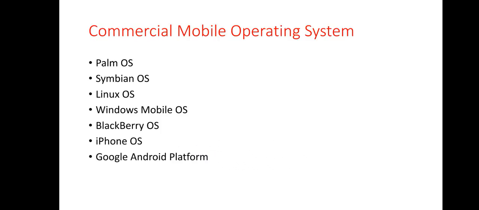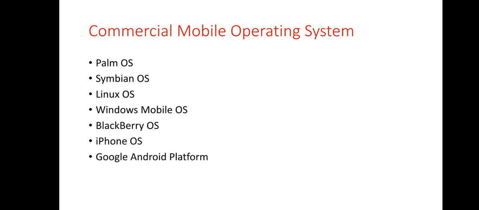So what mobile operating systems are available in the market? There are a number of them. These are some examples: Palm operating system, Symbian operating system, Linux operating system, Windows mobile operating system, BlackBerry operating system, iPhone operating system, Google Android platform operating system, and many more. Nowadays, every branded company wants to introduce its own operating system.